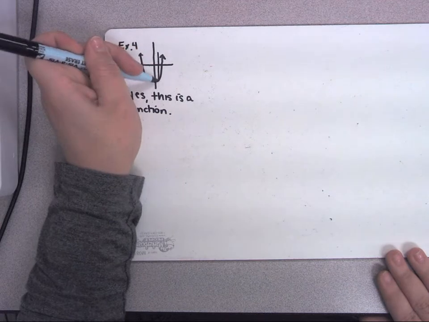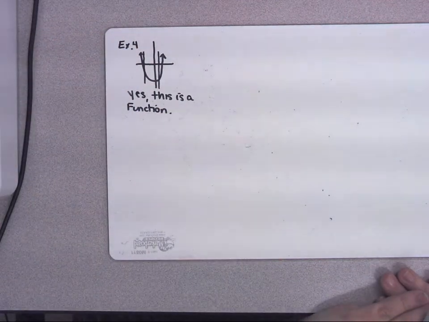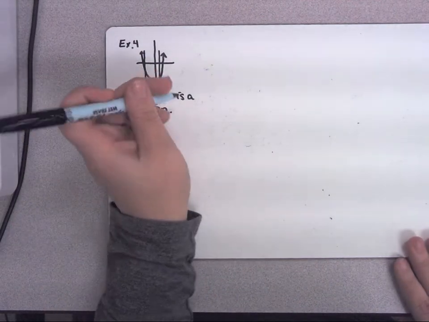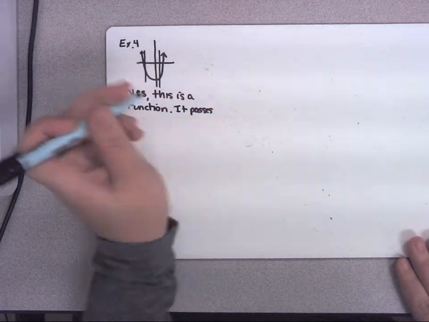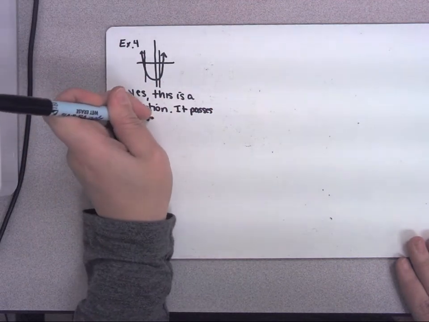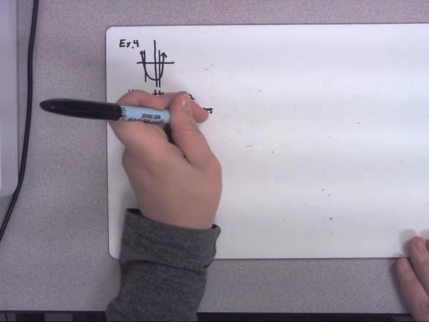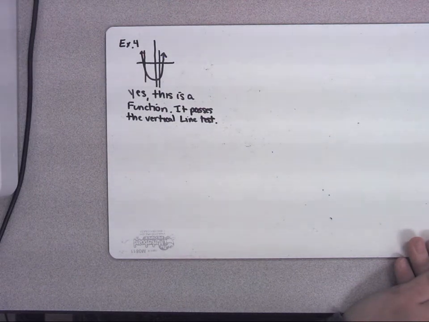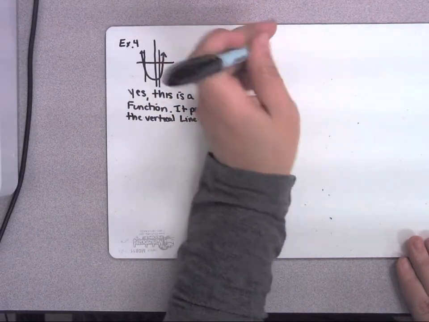So if you were to draw lines, it does not go on top of each other anywhere. Your reasoning for this, you could literally say it passes the vertical line test. That one's always tricky. So yes, this one actually is a function. What about this guy?